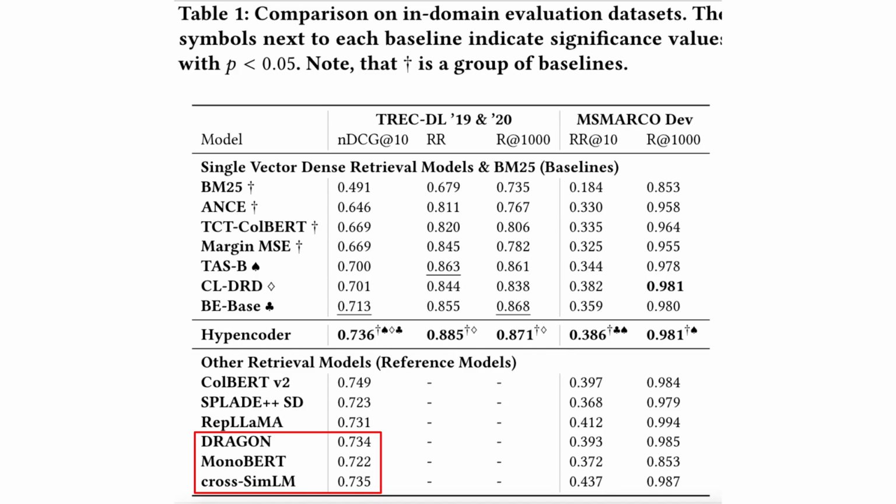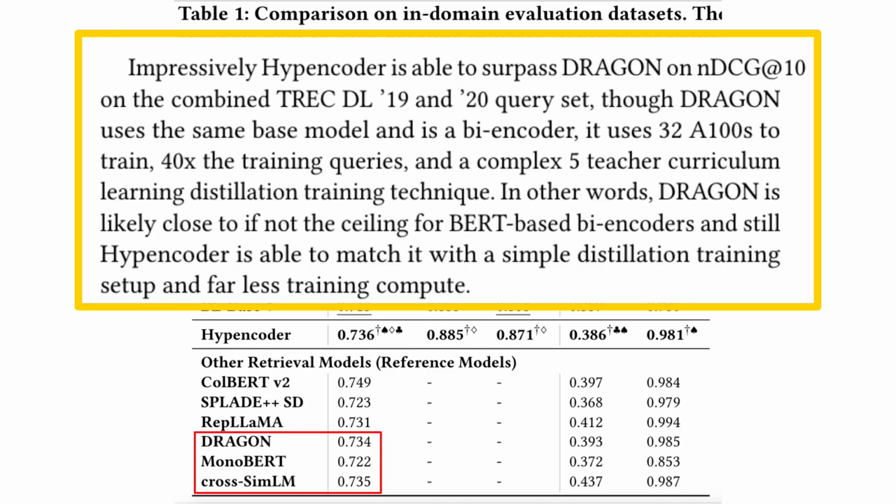I want to highlight here that Hypencoder exceeds the performance of Dragon, MonoBERT, and CrossSim LM. MonoBERT and CrossSim LM, I understand, are re-rankers. And Dragon uses the same base model and is a bi-encoder, and it uses 32 A100s to train, 40 times the training queries, and a complex 5-teacher curriculum learning distillation training technique.